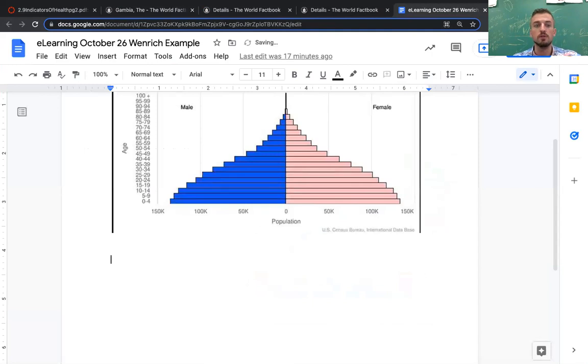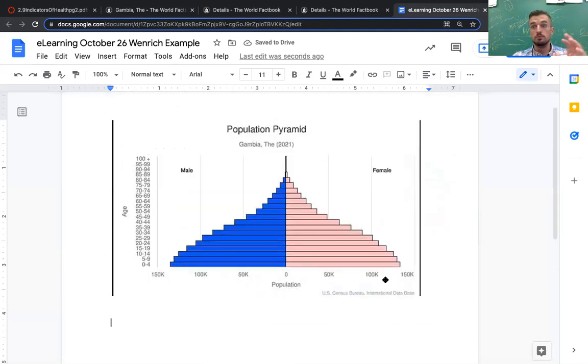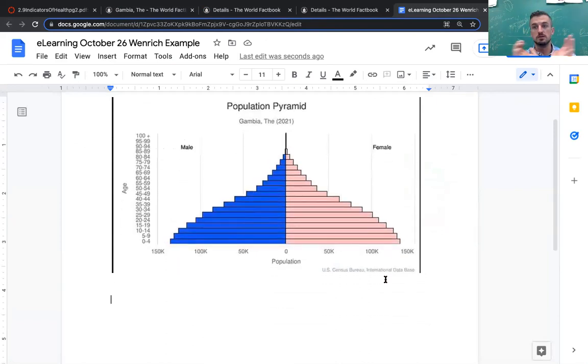And I want you to write about, number one, what stage of the demographic transition your country is in. So we know the Gambia is in stage 2, and I'm just going to write that. Gambia is in stage 2 of the demographic transition.